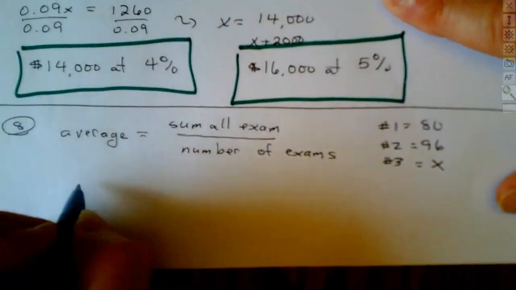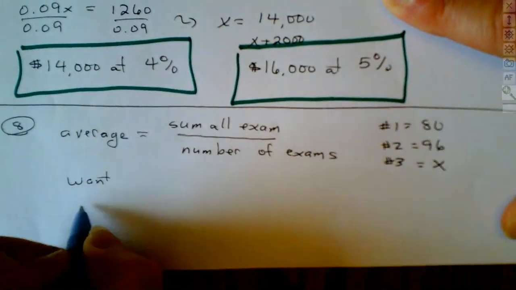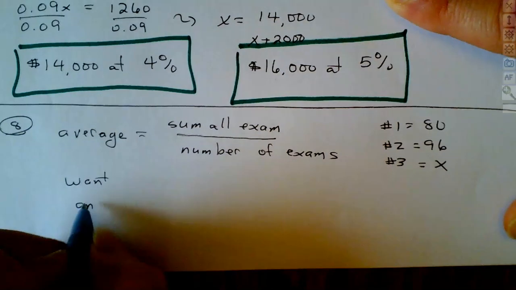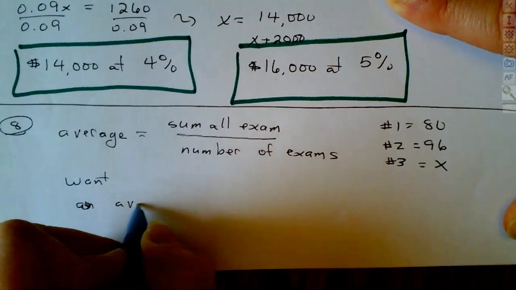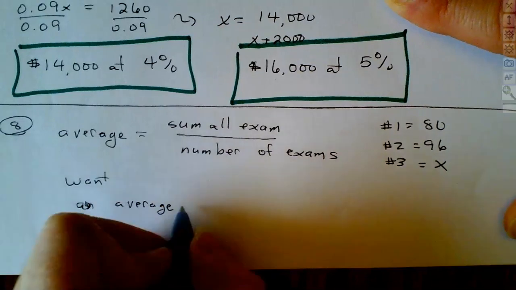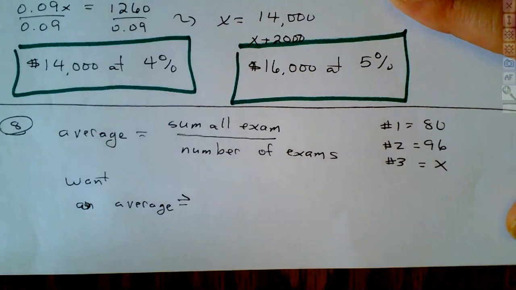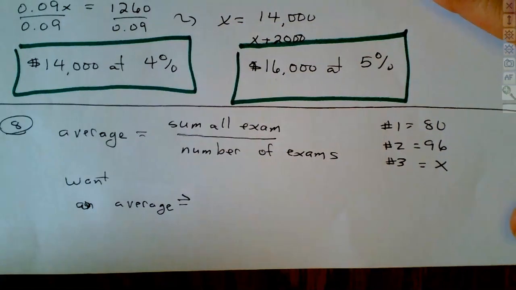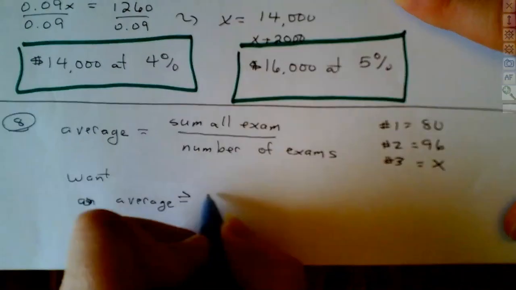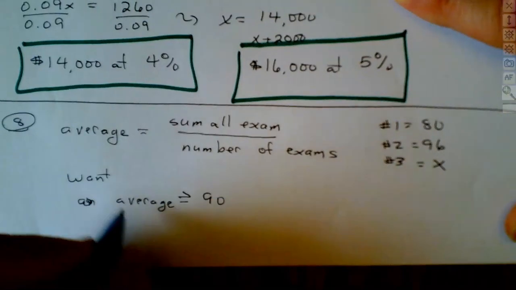Now, what we want is we want this average to be greater than or equal to, right, because it says at least 90, because that's what we want. So that means we add up our exams.